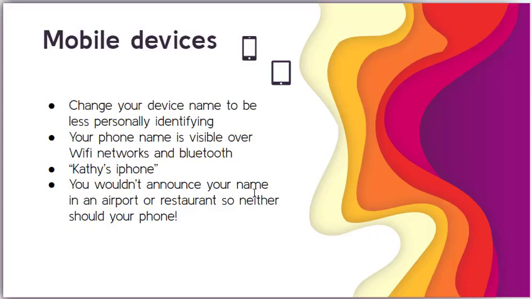You really wouldn't announce your name if you go into an airport and say, hey, everybody, Kathy's here. You wouldn't do that. But by having your name attached to your device, essentially you're doing that over the Wi-Fi network. You can change your name to something less personally identifying so that you don't have that issue thrown out there.